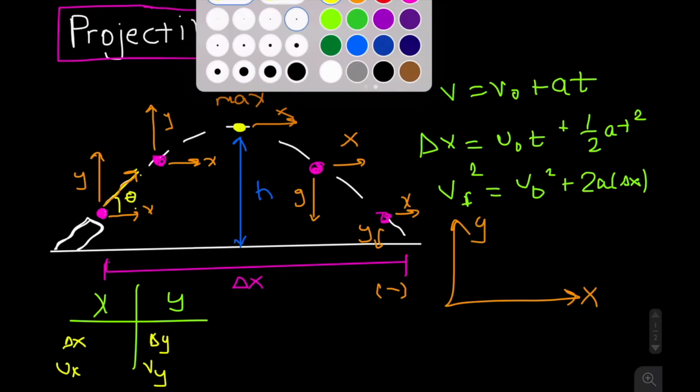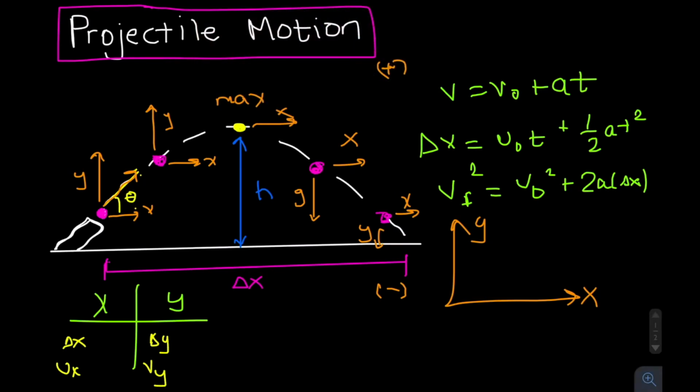So again, to review: we now know that Vx is always constant. Since Vx is always constant, that means there is no acceleration in that direction. So if we were asked to find delta x, we know the delta x formula is v0 t plus 1/2 a t squared, I'm just going to write it down again so you can remember.